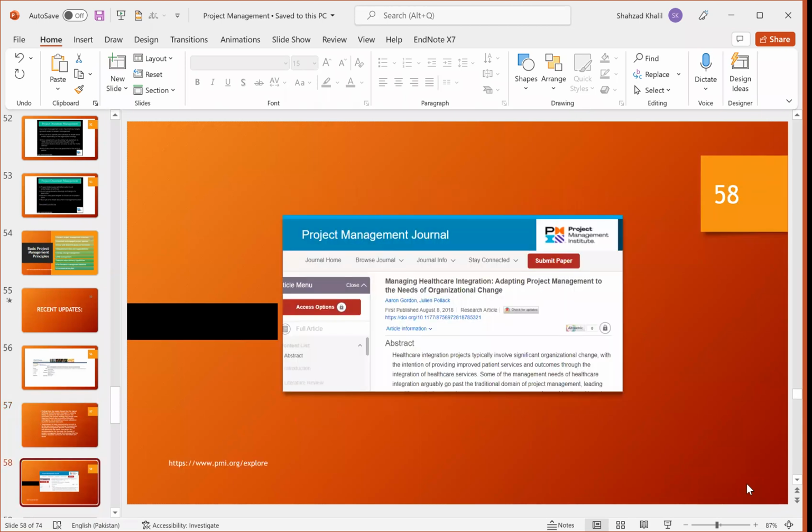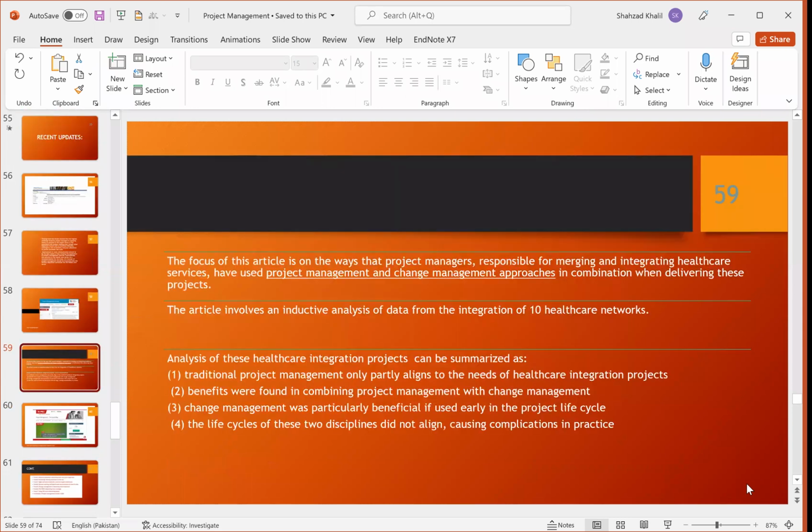Again, it's one more article in the Project Management Journal, Managing Healthcare Integration: Adapting Project Management to the Needs of Organizational Change. The focus of this article is on the way that project managers responsible for merging and integrating healthcare services have used project management and change management approaches in combination when delivering these projects.